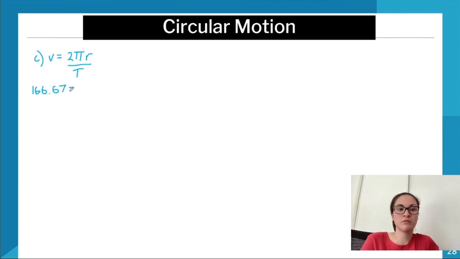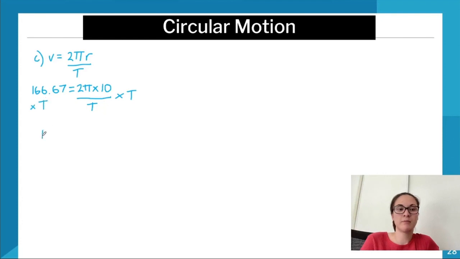It's equal to 2 pi, oh, and our radius. Pretty sure it was 10 meters. Yep. And that's over time, or the period. So now we multiply both sides by the period, our unknown variable.